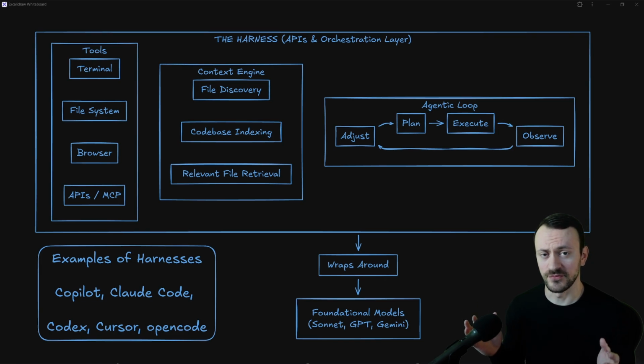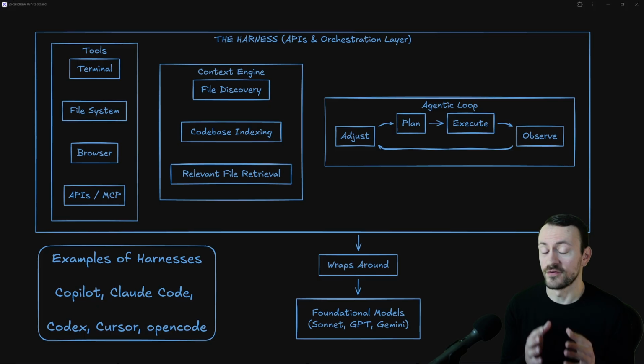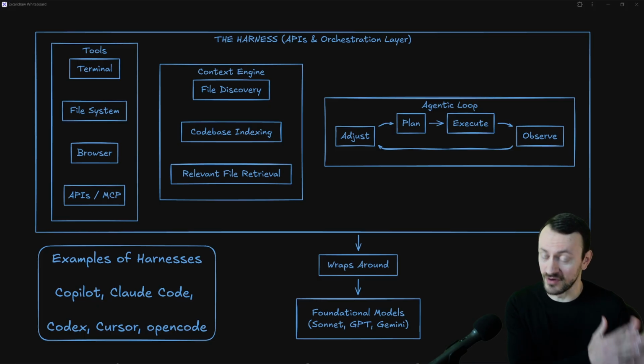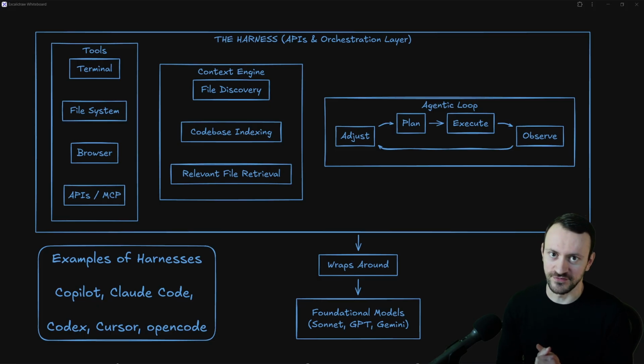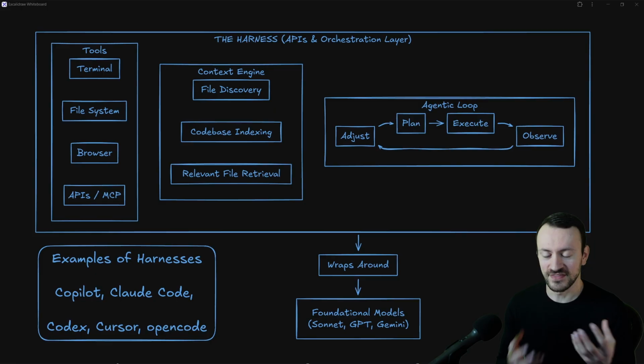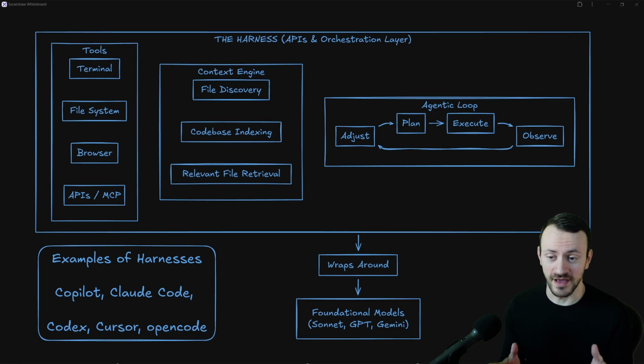So is there any difference between asking Copilot or Cursor, Claude Code with Sonnet versus just asking Claude itself through the browser? And yes, it's a huge difference. Those AI applications are the harness. So you're using the same brain, Sonnet for instance, but those AI applications give it hands, give it feet, give it senses, give it the ability to use tools and access your code base more easily. When you copy and paste code into a chatbot like Claude.ai, you're talking to an unharnessed model. Now, they are getting a little more sophisticated nowadays.